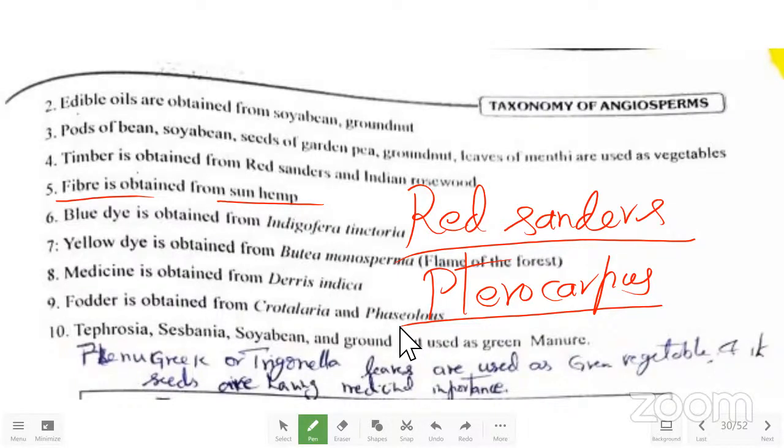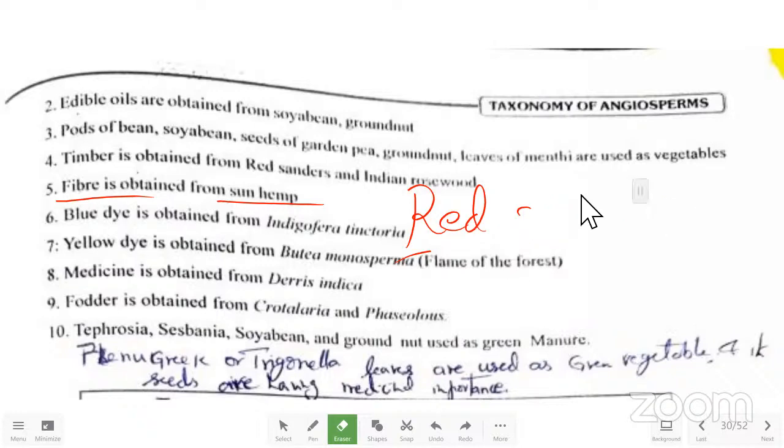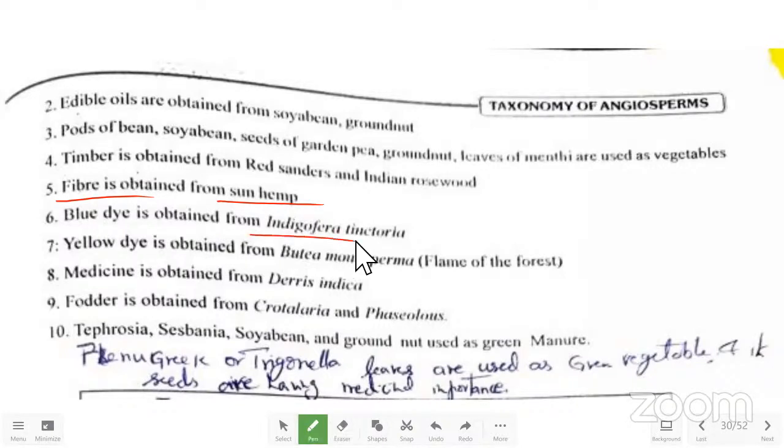And the next one, dyes. Blue dye and yellow dye can be made from some plants, for example Indigofera and Butea monosperma. If you remember these names, then you can write them.